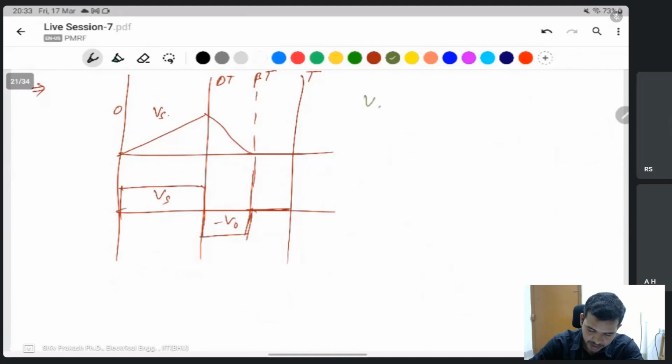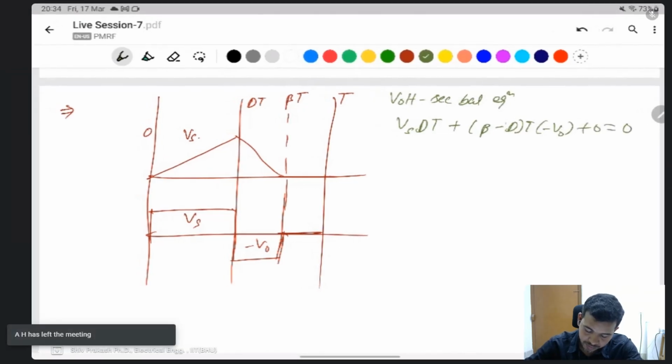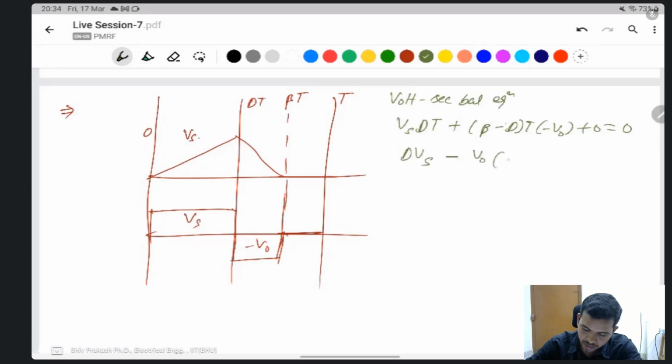Here we have volt-second balance: d Vs into T plus (beta minus d) into T, times minus V naught, plus 0 is equal to 0. So d Vs minus V naught (beta minus d) is equal to 0.